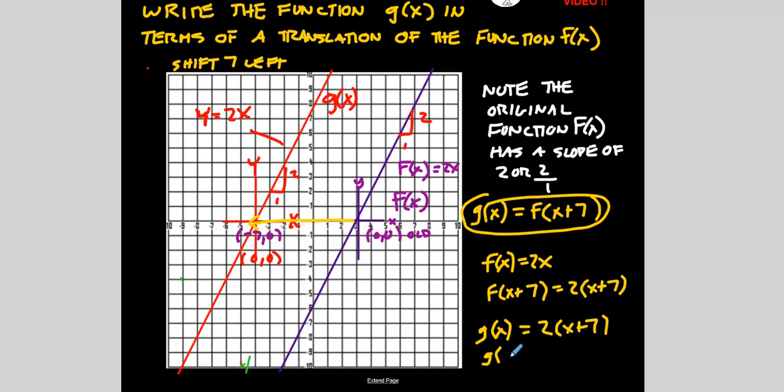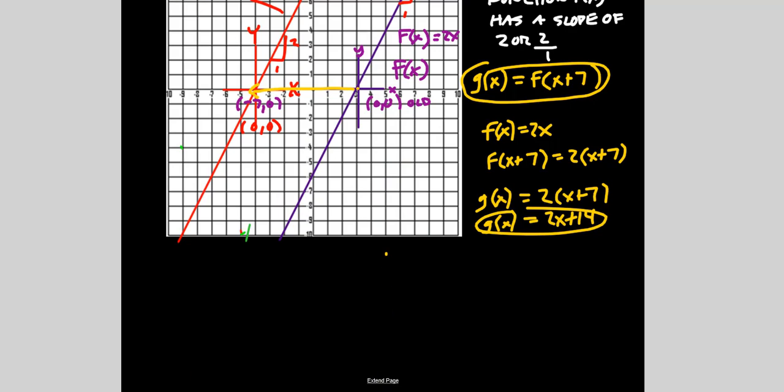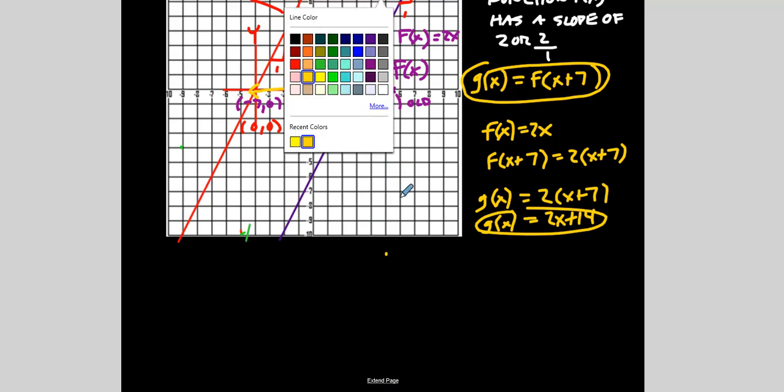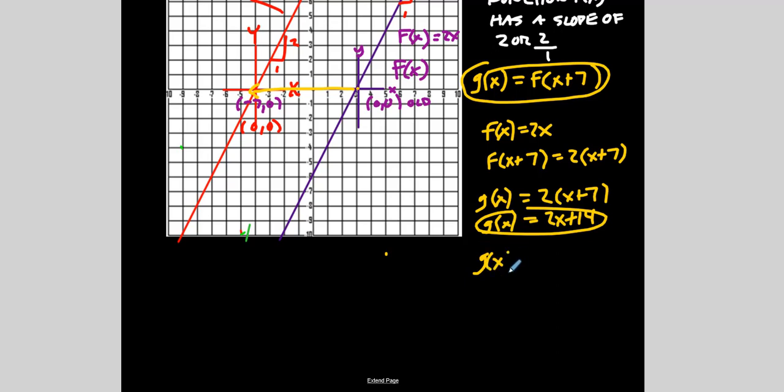So g of x in terms of x will be 2x plus 14, which means from right here you would shift it up 14 units, which is off my grid. Okay, notice though that f of x is 2x right here, so I can write this as g of x equals, instead of 2x I put f of x plus 14. So those are three ways to write that function.